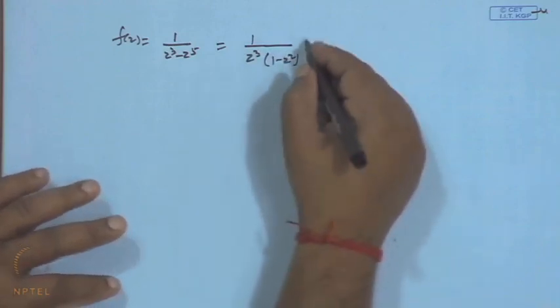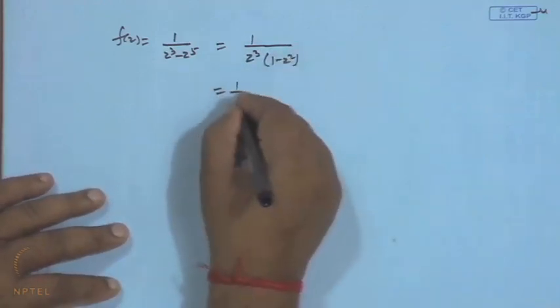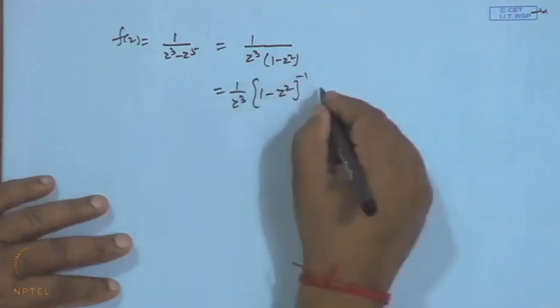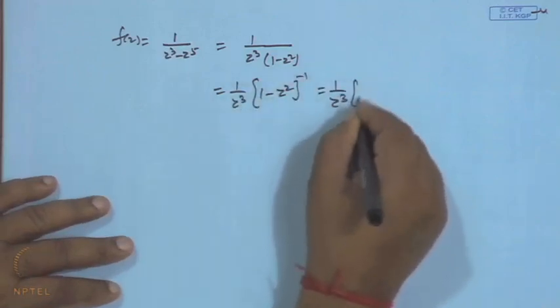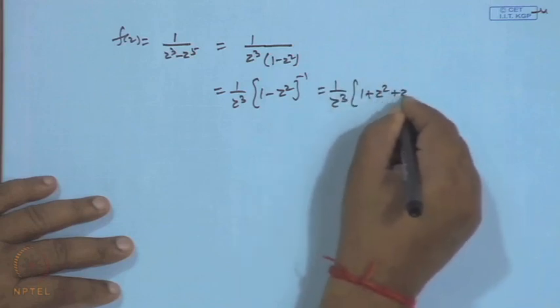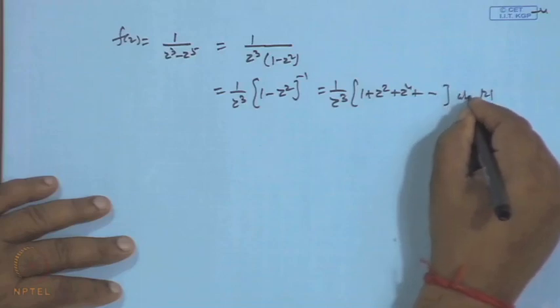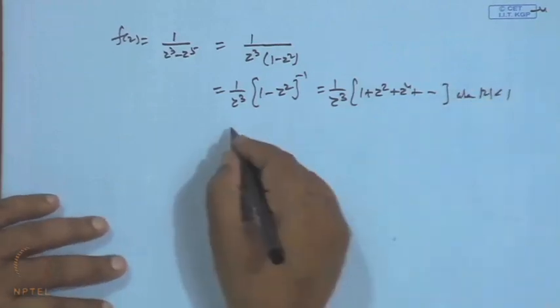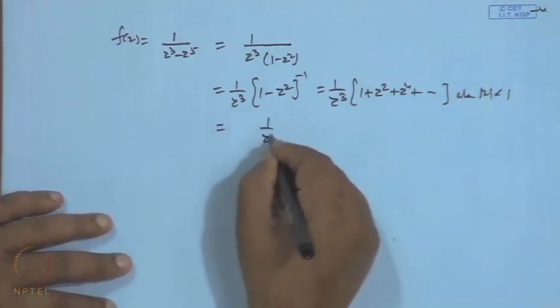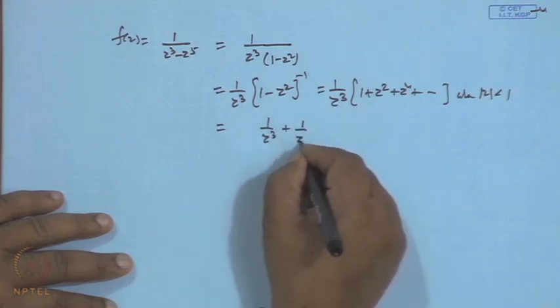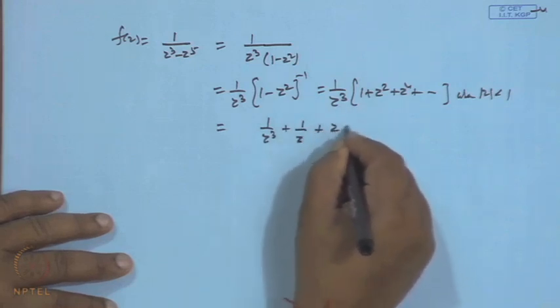When we expand it as a series using (1 - z^2) inverse, we get 1/z^3 (1 + z^2 + z^4 and so on) in the circle |z| < 1. In that case, we get 1/z^3 + 1/z + z and so on.